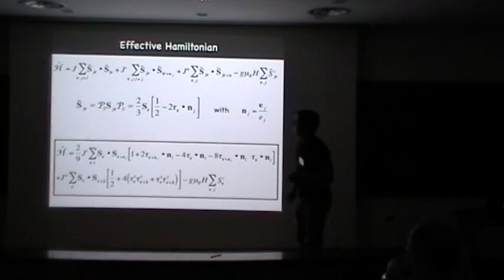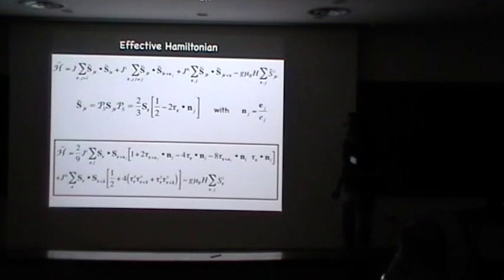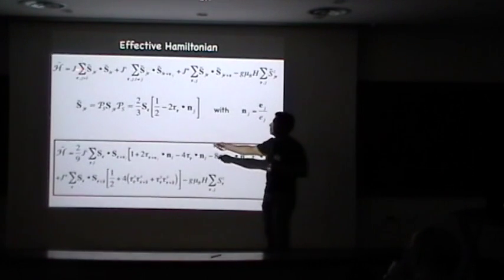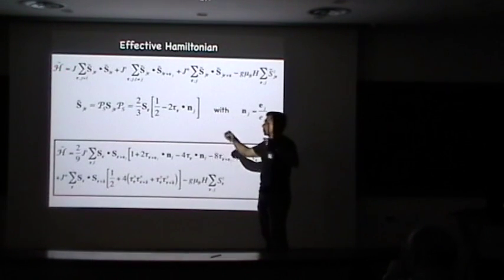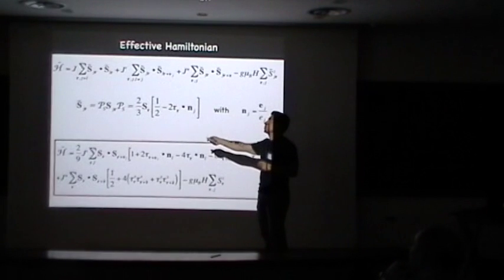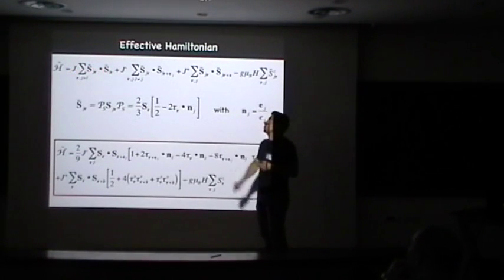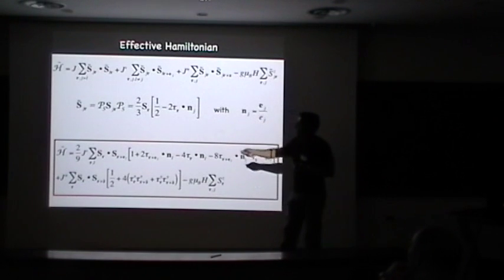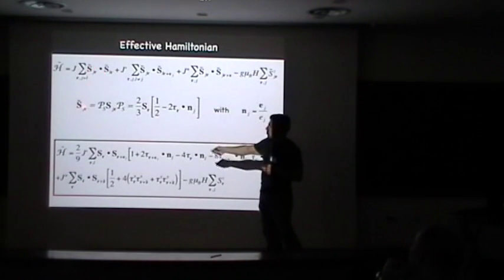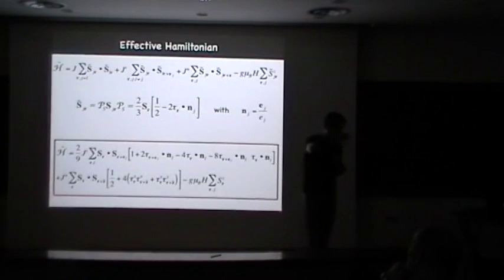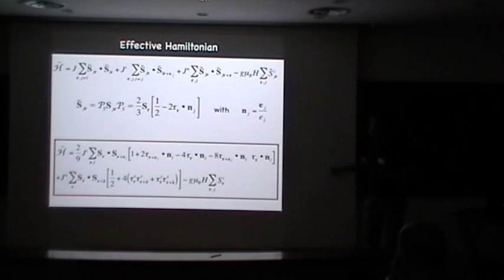Okay, so now to get the Hamiltonian projected into the lowest energy subspace, basically we need to project these spin operators. Once you project these spin operators, remember that this index j is the internal index of each trimer, and can be 1, 2, or 3, we get this expression.